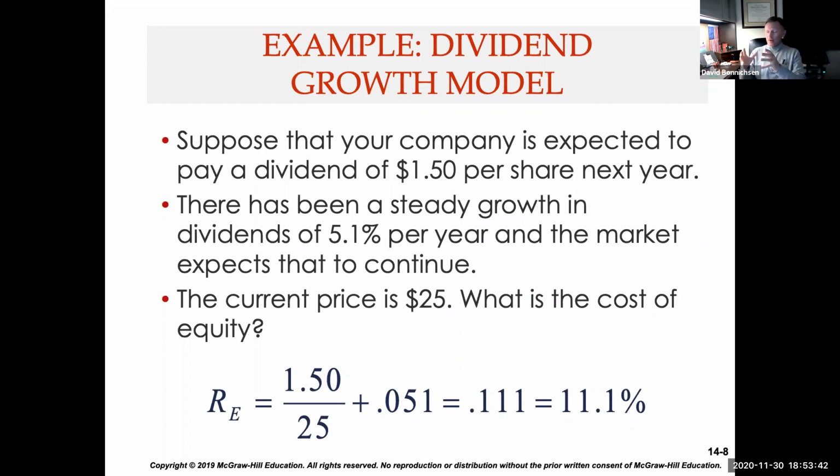Remember, cost of equity, aka expected return, is future dividend over current price, so dividend yield, plus capital gains yield, equals total return, aka cost of equity. So the expected return or the cost of equity in this example is 11.1%.